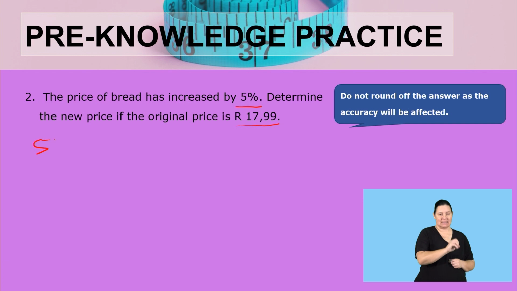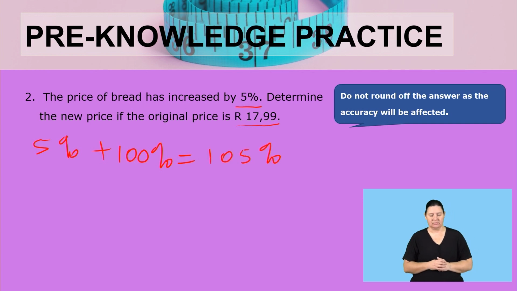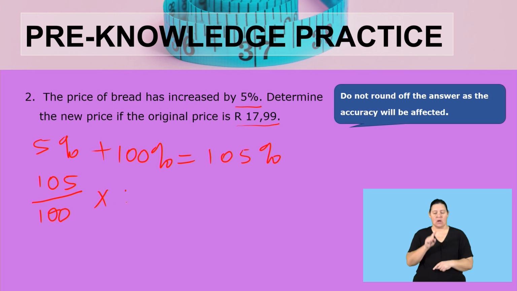We will then have 5% plus 100%, which equals 105%. We will therefore calculate 105% of the original price. So to calculate 105% of the original price, we express this 105% as a fraction.